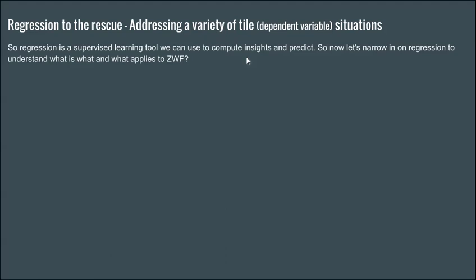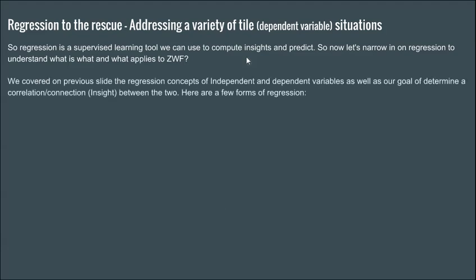So, for regression, we're going to start off with linear regression. And what linear regression does is it determines if the tile, which is the dependent variable, depends upon a single independent variable or a predictor.